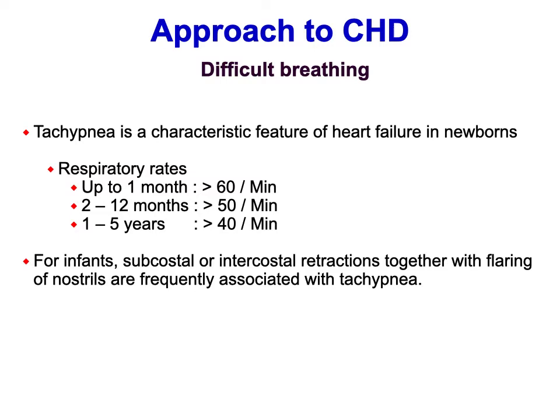The respiratory rate parameters set for this are: up to 1 month, if it is more than 60 per minute it is called tachypnea, whereas between 2 to 12 months, the infant age, it is more than 50, and after infancy, in children up to 5 years, more than 40 is called tachypneic. So in infants, subcostal and intercostal retractions together with flaring of nostrils are frequently associated with tachypnea. That means labored breathing and tachypnea coexist in infants.